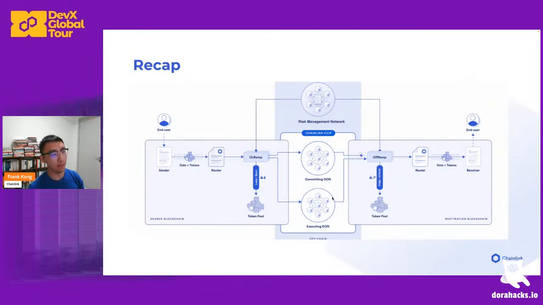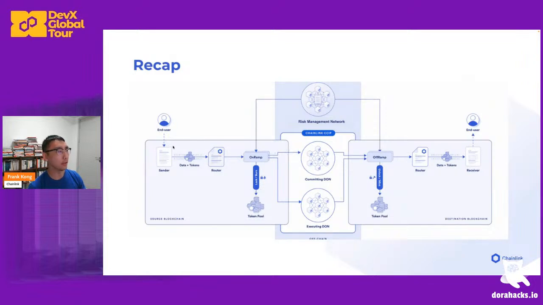And next, when our risk management network comes into play, it will check the cryptographic proof on the off-ramp and the transactions in the on-ramp to just bless it or curse it. I mean, certify it or don't certify it. And if this transaction is certified, the executing DON will execute this transaction in the off-ramp and use a router smart contract on the destination chain to do the transaction to the receiver.